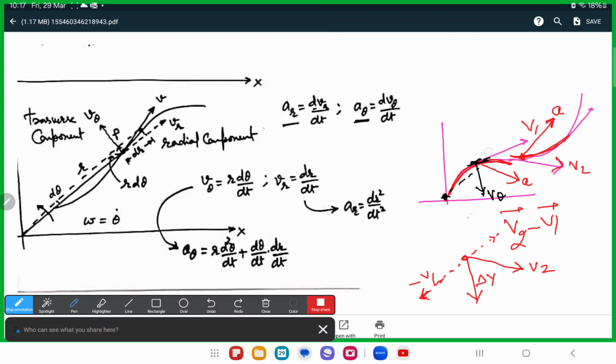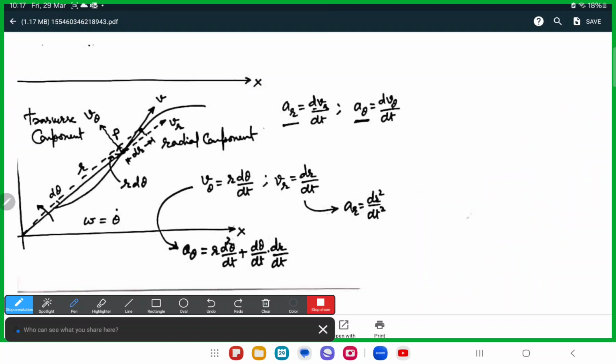Let's make the velocity a bit upright so I can show you properly. Radial means any vector that is passing through the center. This is the radial direction. Clear?